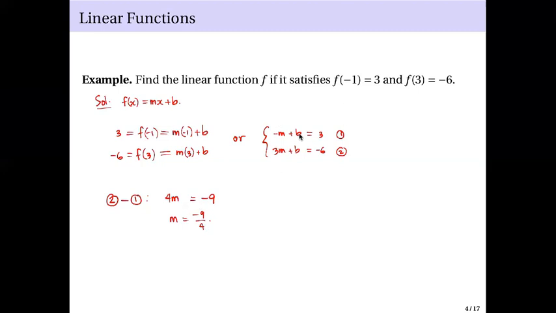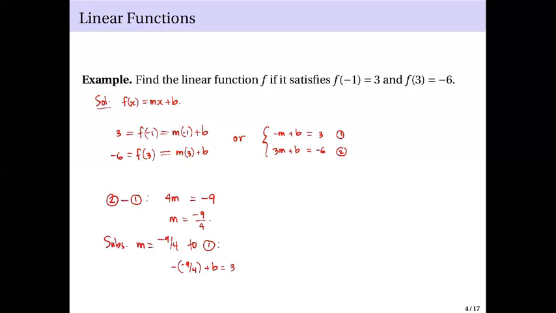Now, to solve for b here, we just substitute the value of m that we have obtained in any of the equations here. So what we can do is to substitute m equals negative 9 over 4 into equation 1. So in equation 1, we now have negative of negative 9 over 4 plus b equals 3.